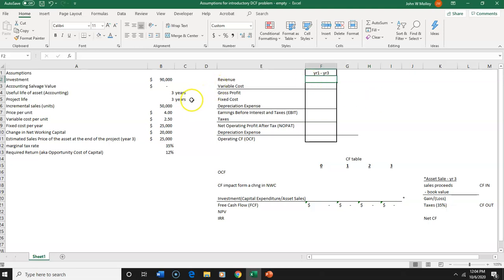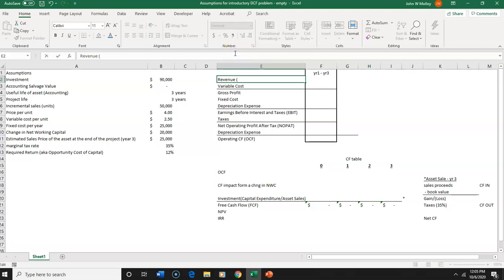Well, the first thing we see here is we're going to make an incremental amount of $50,000 in sales, okay? So if I'm going to capture it in revenue, I'll say that's sort of like my P times Q, if you will, right? So here's what I'll do. I'll say equals the price times the quantity.